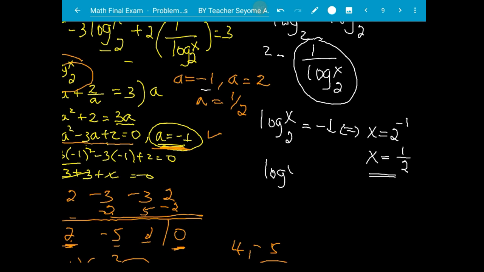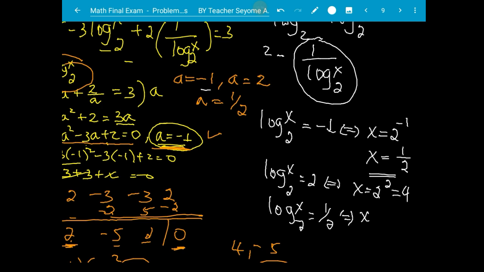Similarly, log x the base 2 equal to 2 is equivalent to x equal to 2 to the power of 2, which is 4. Finally, the third one, log x the base 2 equal to 1 over 2, so x equal to 2 to the power of 1 over 2, which is the square root of 2.